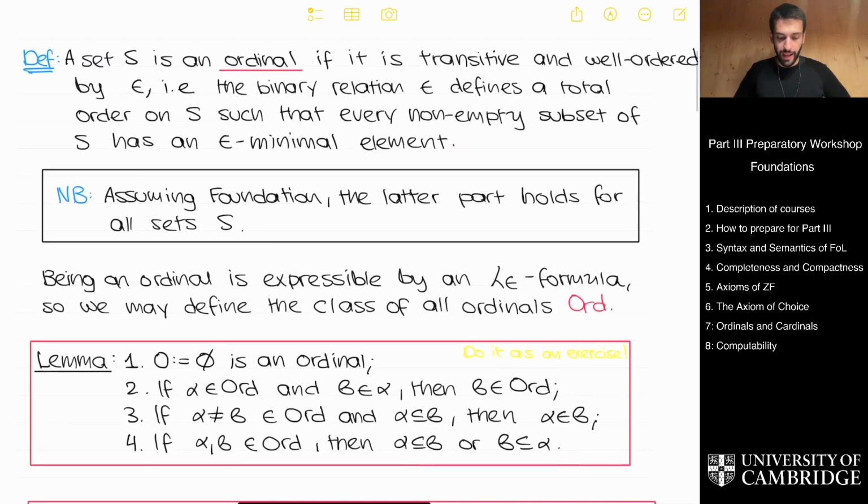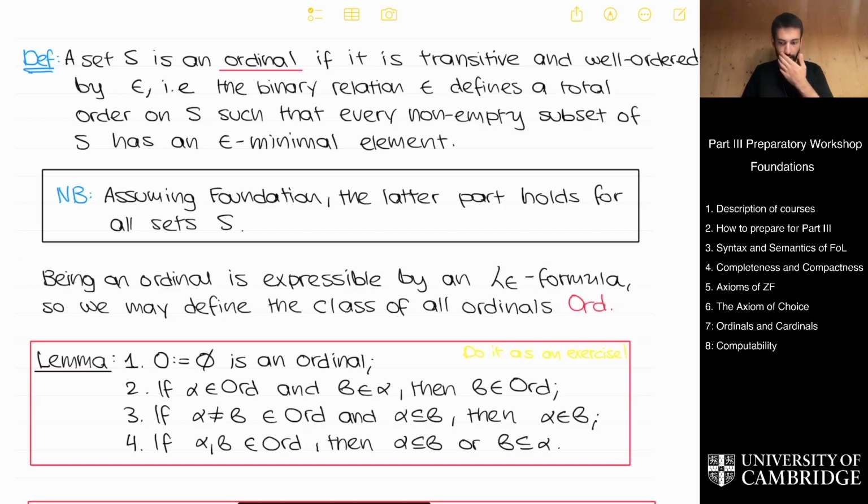Okay, a set is now said to be an ordinal or an ordinal number if it is transitive and well ordered by epsilon, meaning, as we saw with well orders in the previous video, that the binary relation epsilon defines a total order on S such that every non-empty subset of S has an epsilon minimum element.